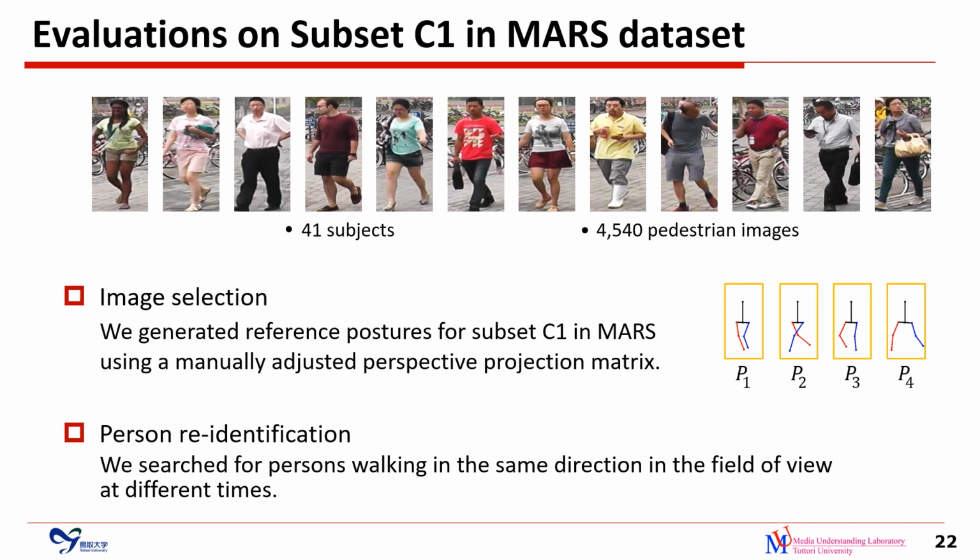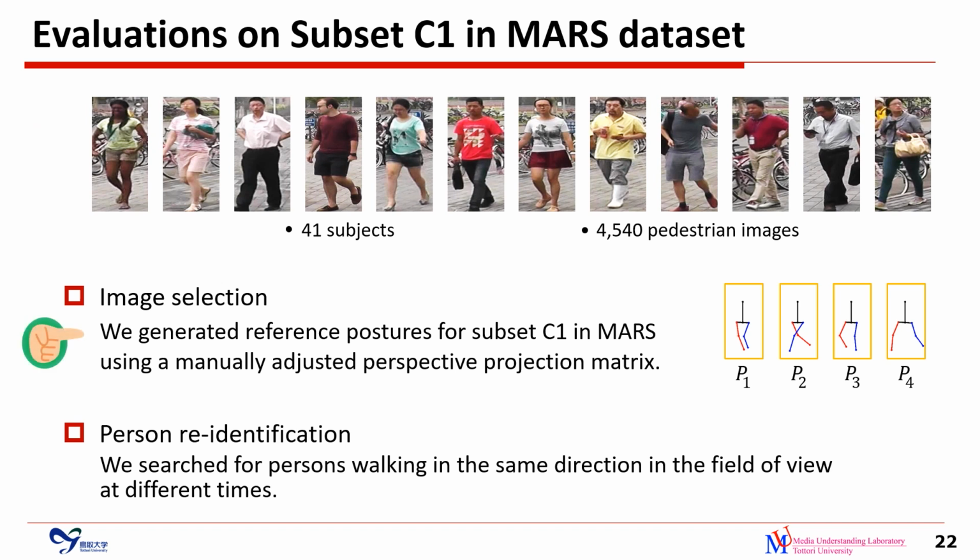We also evaluated our method on the publicly available MARS dataset. We used the images subset C1 in the MARS dataset. We used only those containing more than 20 pedestrian images in one sequence. We evaluated the accuracy of about 4,500 pedestrian images for 41 subjects.